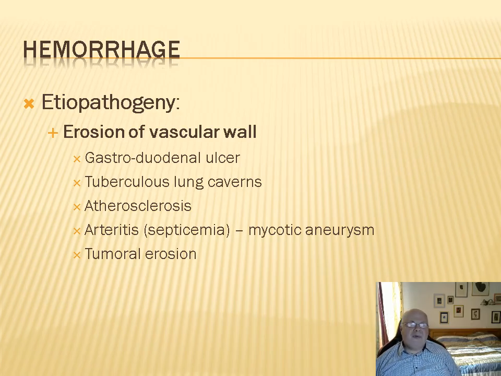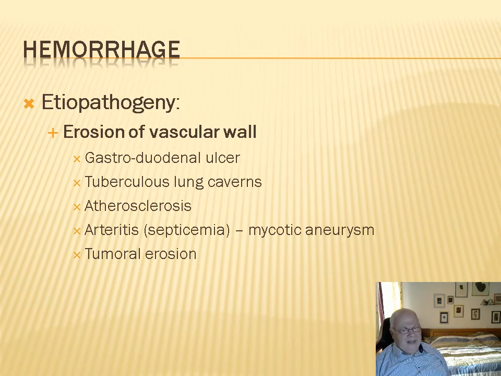By far the most frequent and easy to understand process who erodes the wall of vessels is the gastroduodenal peptic ulcer. As a result of this erosion, gastric hemorrhages result, and it is by far the most frequent complication of a gastric ulcer.